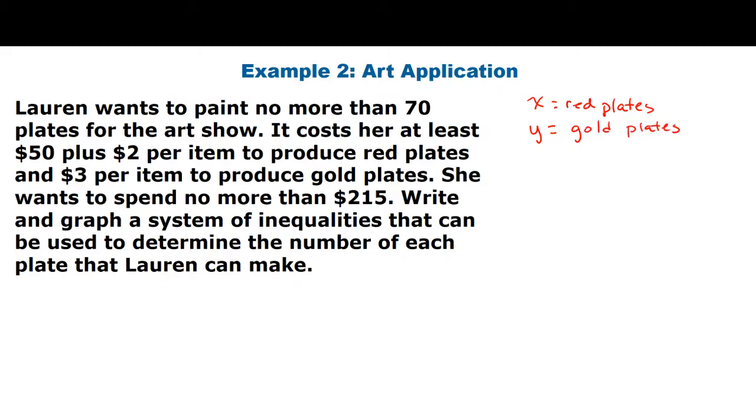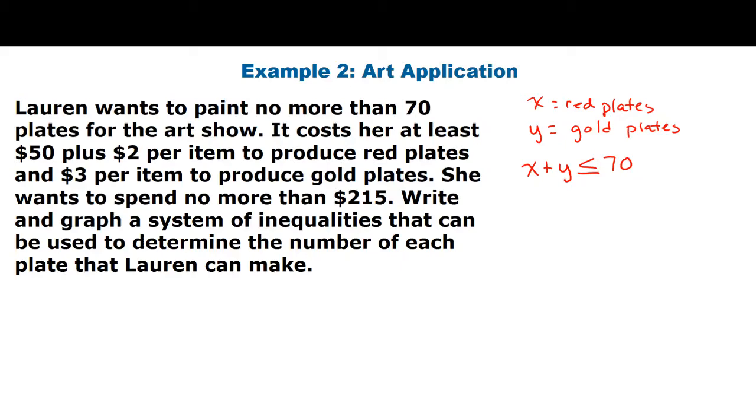All right, let's try to come up with a couple of inequalities. The total number of plates that Lauren is willing to paint can be modeled by an inequality. She's going to paint x red plus y gold, and she does not want to paint any more than 70, so that's got to be less than or equal to 70.